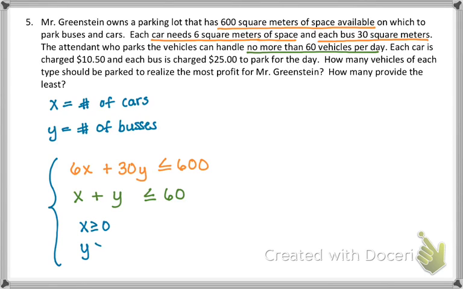Doesn't make sense to have a negative number of buses and cars, so x and y have to be greater than or equal to 0. So our goal again is to maximize profit, make the most amount of money. So the objective is to maximize.